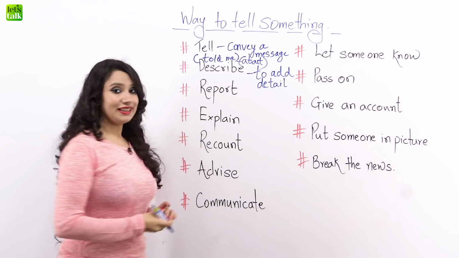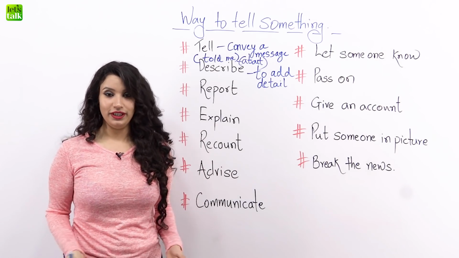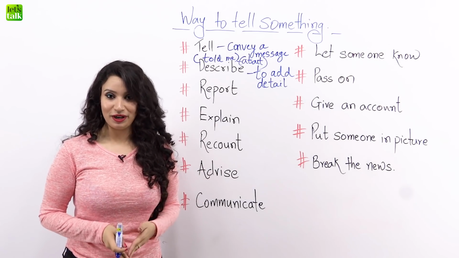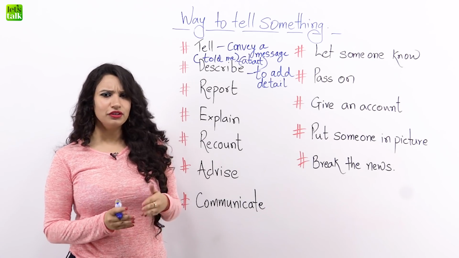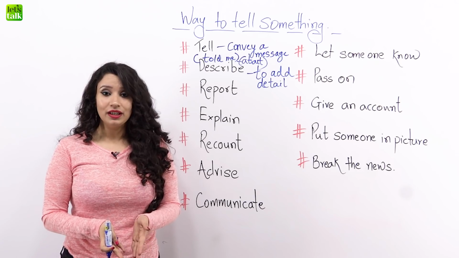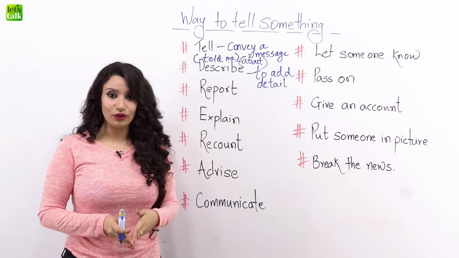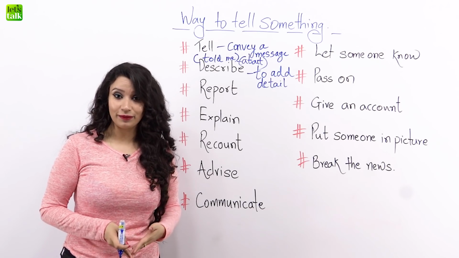So when you're telling someone about something and you want to add a lot of detail to it, that is called describing. Do you want to know how you could use this in a sentence? So you could say that he told me, or sorry, he described to me how hard it was for him to leave his family.